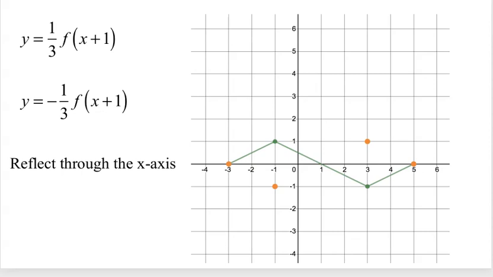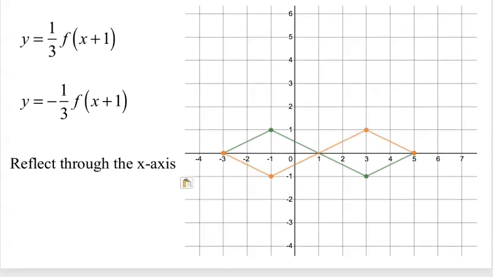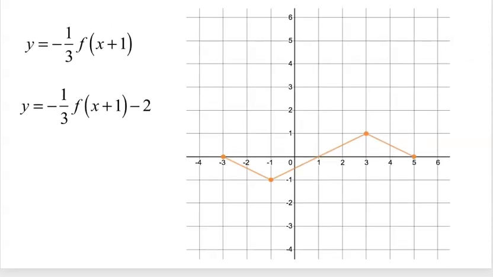So where are we currently? This is our current graph. This is negative 1/3 f of (x plus 1). We want negative 1/3 f of (x plus 1) minus 2. What is this going to do? Shift everything down 2 units. So this point moves down 2 units, so the new y value is negative 2. This one moves down 2 units, so the new y value is negative 3.